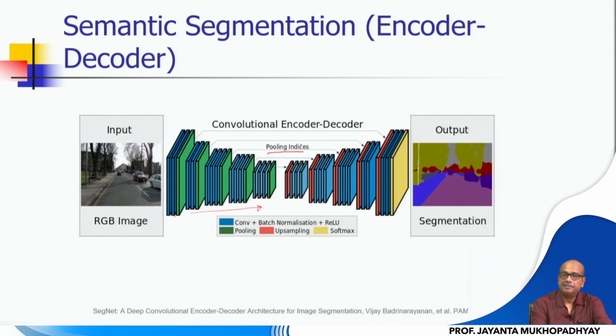As I mentioned, when you do max unpooling, these pooling indices will perform the respective operations. Then again you perform the filtering to get the next level of representation. In this form, finally, this is the output. There are different classes, and you use a 1x1 filter, as I mentioned, to get the class probabilities of the output.